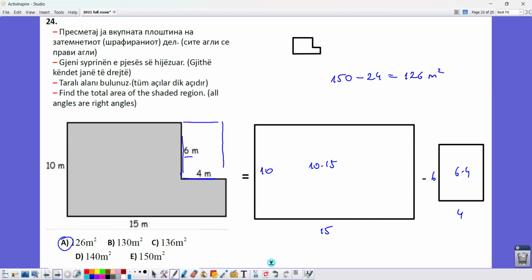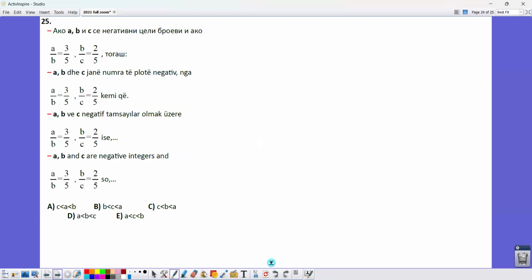Then when we are coming to the last one, it says that a, b, and c are negative integers, and it's given that a over b is equal to 3 over 5, and b over c is equal to 2 over 5. We need to order them from smallest to biggest. First I will find the relation between them.